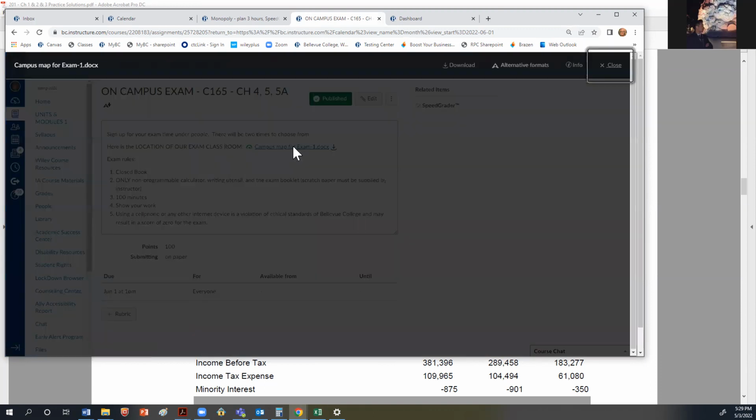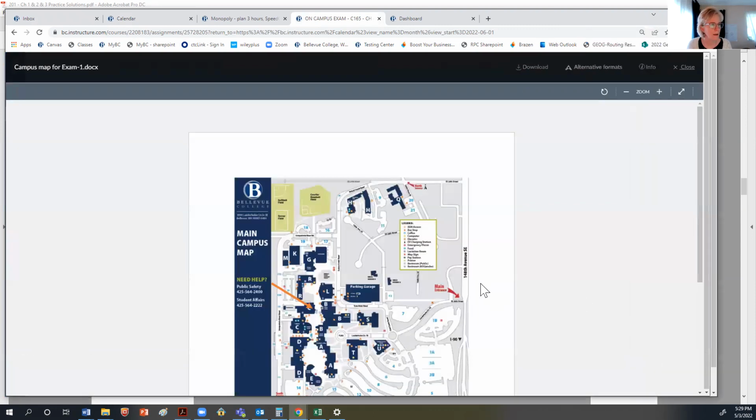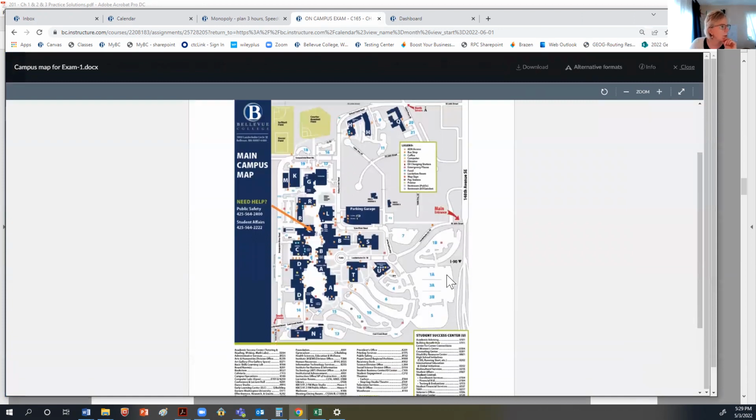Okay, so there's a campus map, and if you come at 1, you may have to pay for parking. See, 165 is just right there. Don't worry, I got the parking pass. Okay, that's great. So if you come into campus, there's a beautiful water fountain here, and then just turn right. If you're coming this way, turn right and go to the corner, go inside the building, and 165 is right there. Okay. All right. And then I think if you come after 3, you don't have to pay for parking.